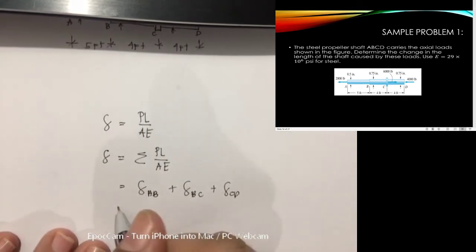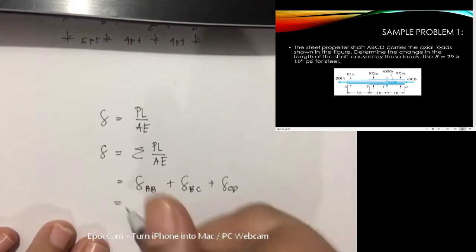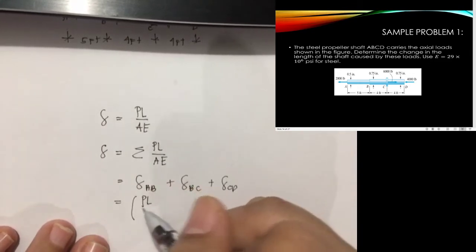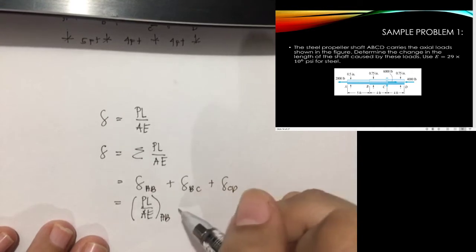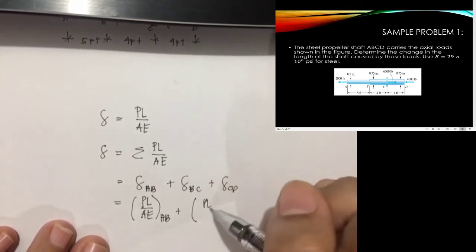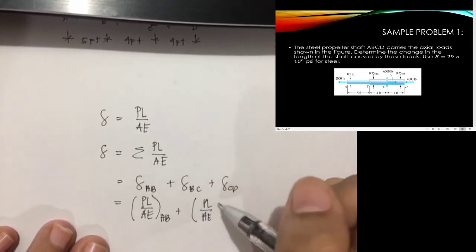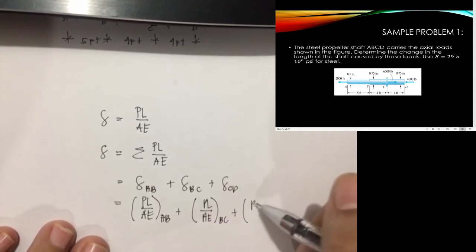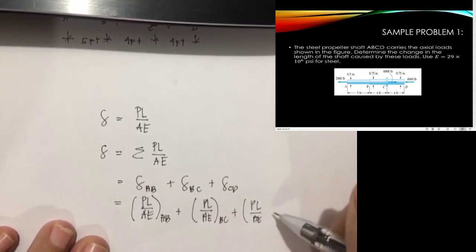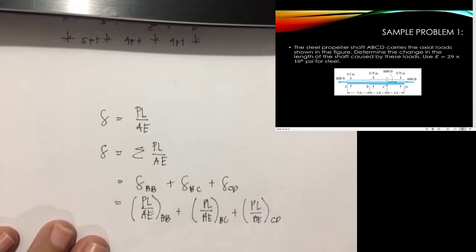And that is also equal to PL over AE of AB, PL over AE of BC, and PL over AE of CD.